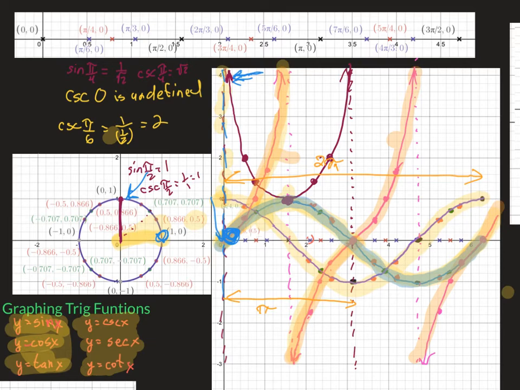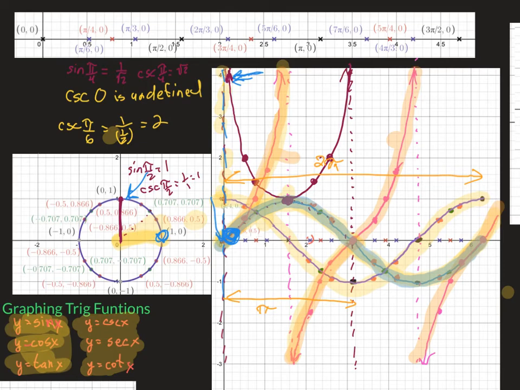When a function is below 1, which is always the case for sine x, well, below or equal, then the other one will be above. So these will never go between 0 and 1, they'll always be above because the reciprocal is always below. And as one approaches 0, the other one approaches infinity.